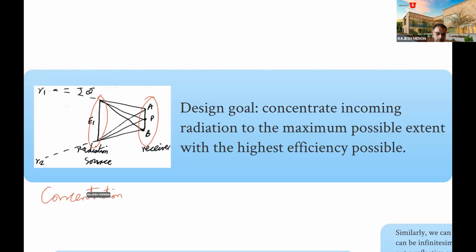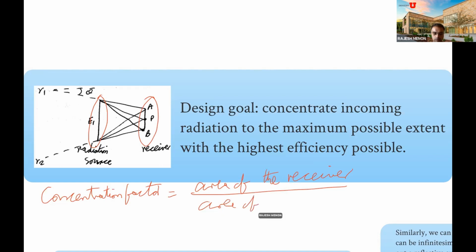The concentration factor is the area of the receiver divided by the area of the source. We'll modify this definition later on, because the source might also be just the area of the collector and so on, but that's one way to define it.